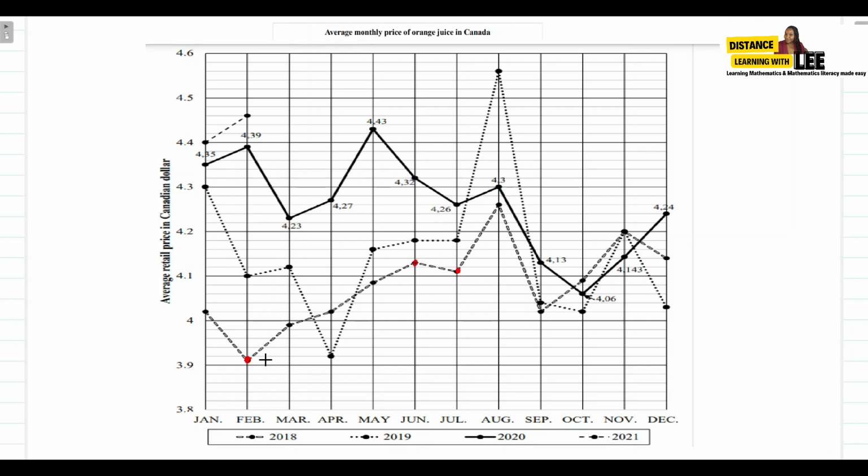Okay, so we are basically going to write that down, that the price increases steadily until it reaches June. Thereafter, it decreases slightly. So the price increases steadily from February to June, and when it reaches June, it decreases slightly.